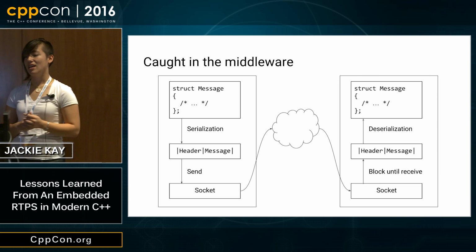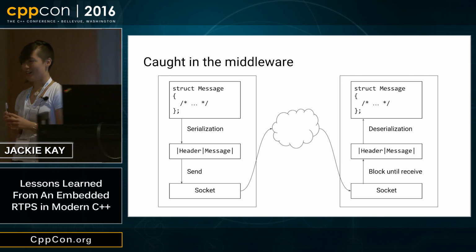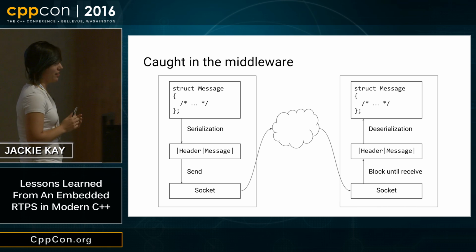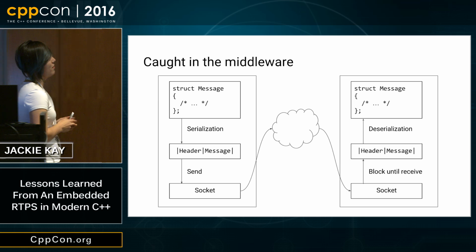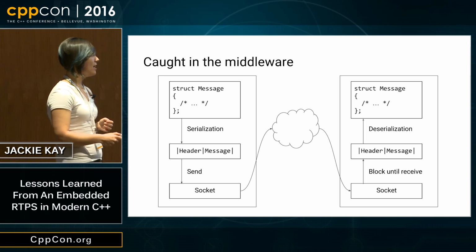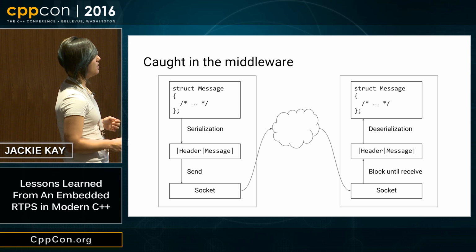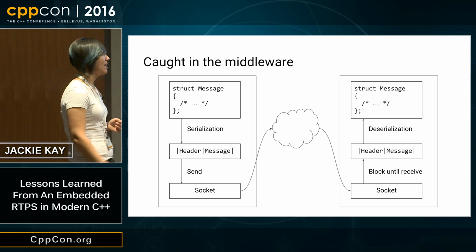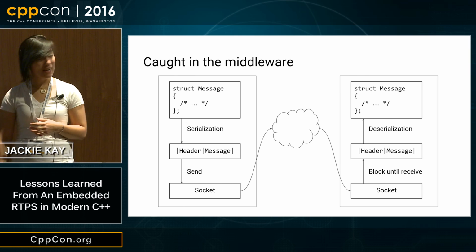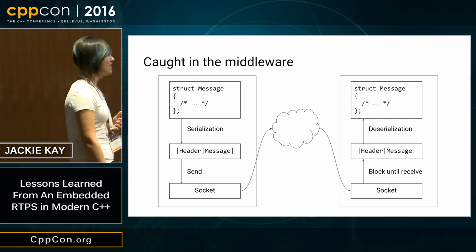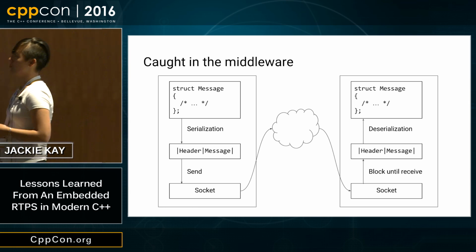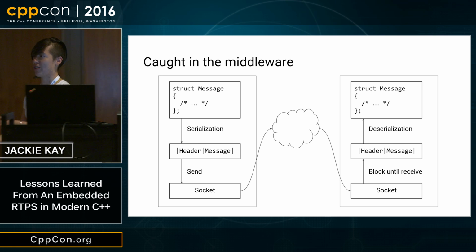And then that socket does some magic over the internet or whatever networking protocol you're using and sends it to another socket, which was previously configured to discover the sending socket. And in this thread of execution, this process represented by this block has been sleeping, or whatever it's been doing, waiting for a packet to receive. It deserializes the byte stream contained in that packet, and then gives the process on the other end some nice in-memory struct representation of that message.